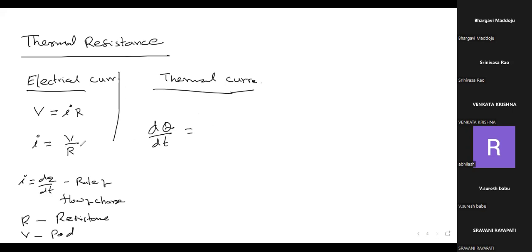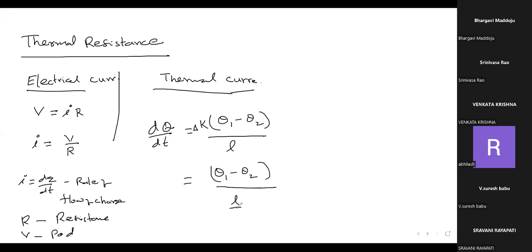V is analogous to the temperature difference, theta 1 minus theta 2. Actually, the expression for dq by dt is K into theta 1 minus theta 2, times the area A, divided by L. Now the same formula can be written as theta 1 minus theta 2 divided by L by K into A.